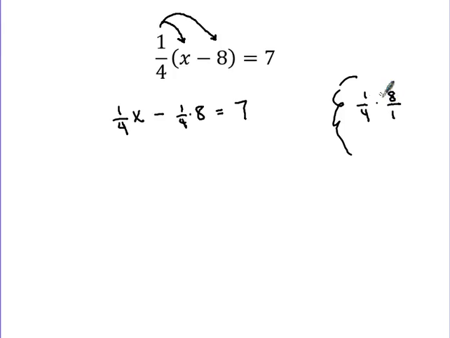And now, when you multiply fractions, you simply multiply the tops, 1 times 8, and then multiply the bottoms, 4 times 1, giving us, in this case, 8 over 4, which is equivalent to 2. So, instead of 1/4 x minus this stuff, I'm going to replace this stuff with a 2 equals 7.